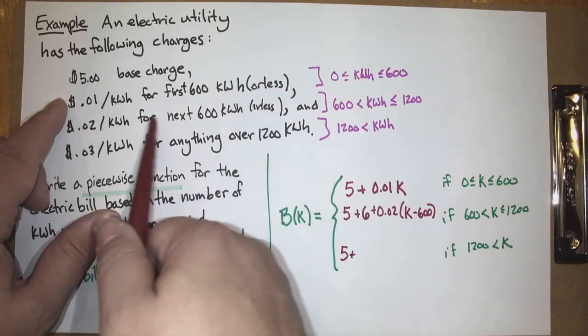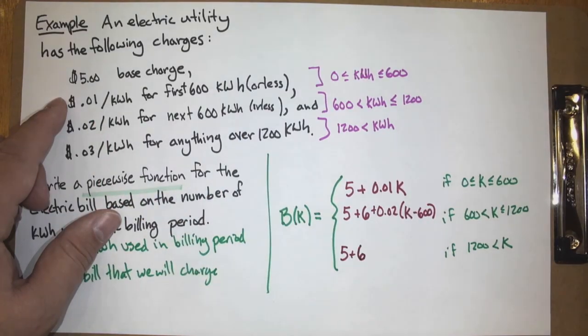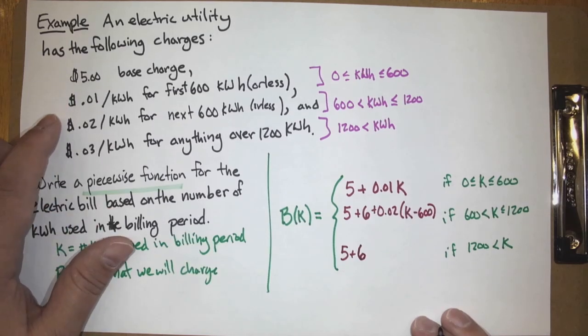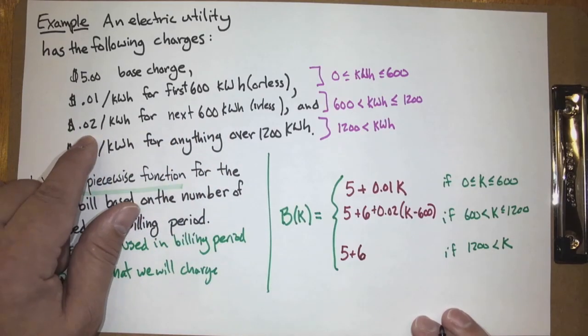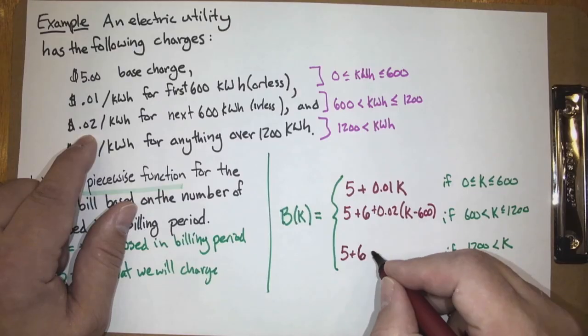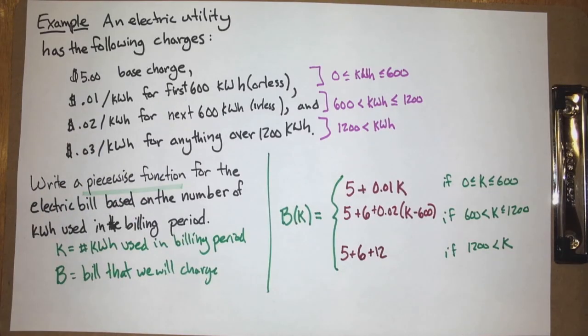We got the first 600 that we need to pay for, and that's just going to cost us 6. Then what? $12, because the next 600 cost us 2 cents per hour. So that's plus 12. Now we could combine all these together and say 23.